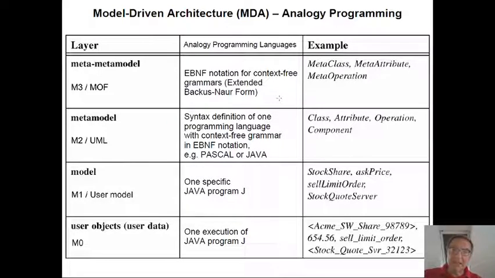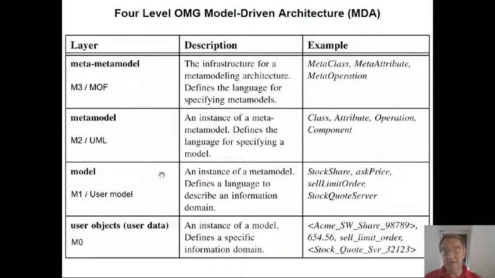These are particular requirements for writing context-free grammars. And well, these 4 levels, the execution of a Java program, the Java program, the grammar for Java, and the EBNF specification, correspond to the 4 levels that are available in the OMG 4-level architecture.